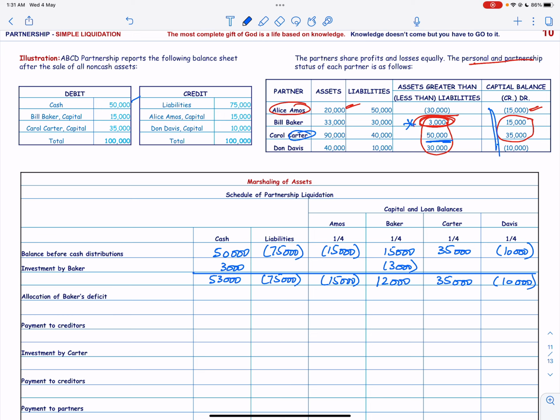the Baker's deficit among the partners. So the deficit is of 12,000 and this will be allocated among all the partners. 4,000 will be here. Her account is going to be credited by 12,000 and 4,000 for Carter and 4,000 for Davis.